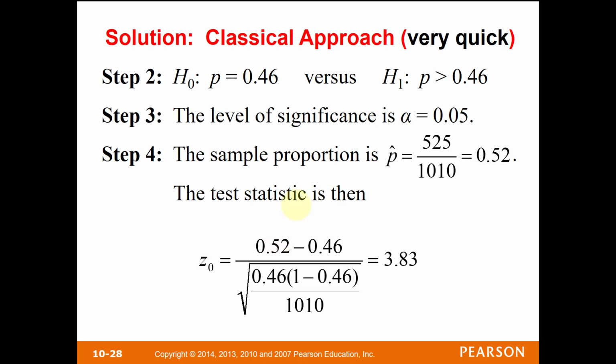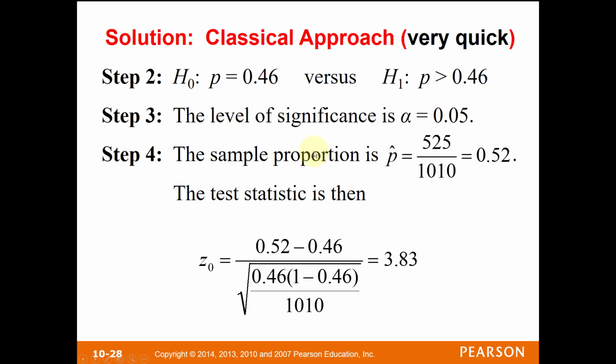So I'm going to briefly talk about how this is done using the classical method. You still have the same conditions, you still have the same idea where you set up the null and alternative hypothesis. You still have a level of significance here. This alpha right here is the size of the reject zone. The level of significance is always the size of the reject zone.